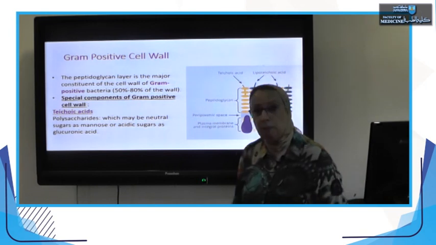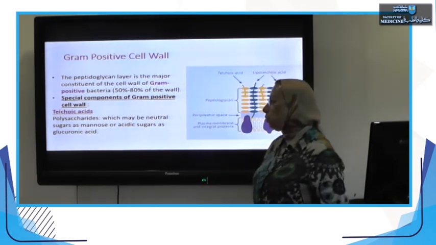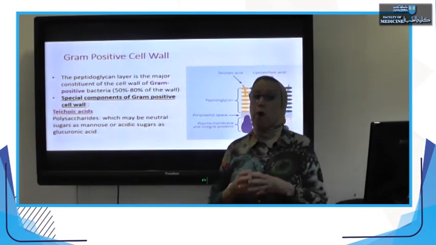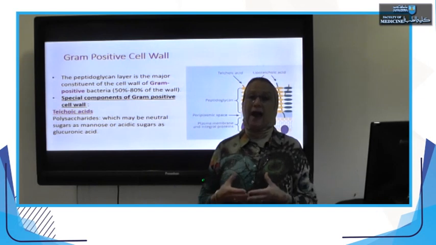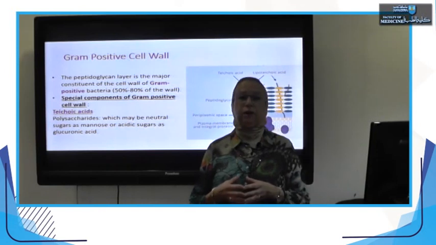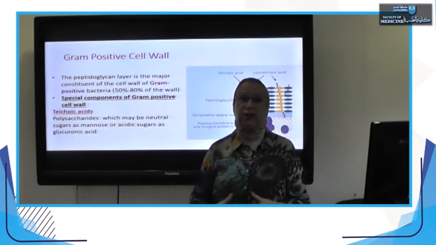There are also other components in the gram-positive bacterial cell wall, the so-called teichoic acids. These teichoic acids are polymers of ribitol and glycerol, and they are antigenic. They form an antigen in the gram-positive bacteria.